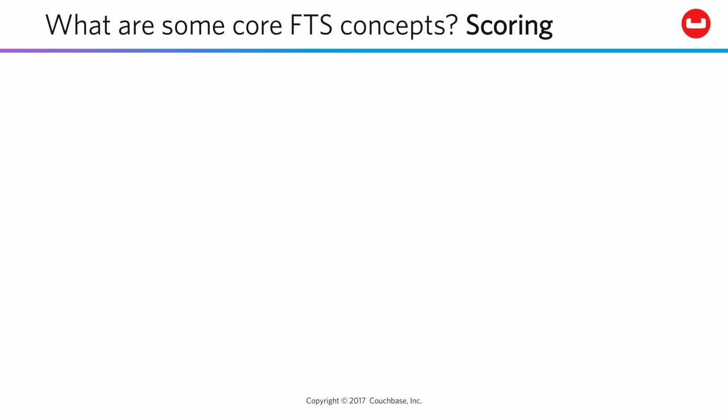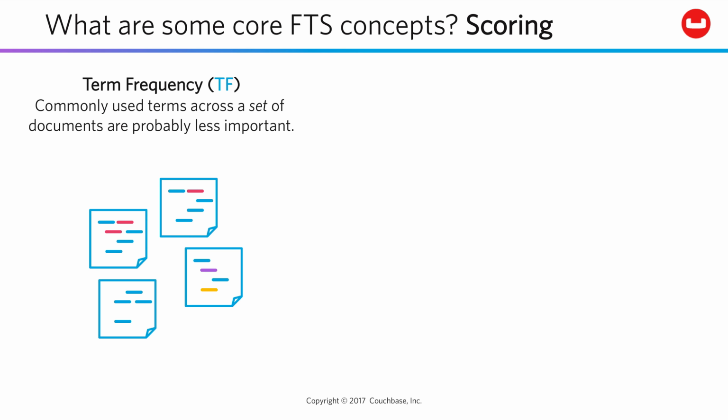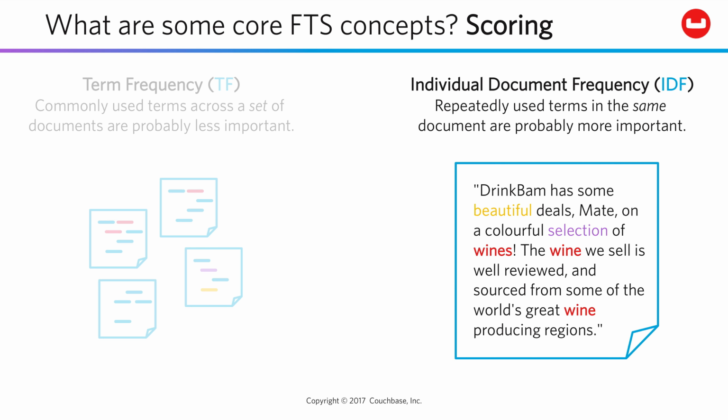This is where scoring comes into play, to help determine priority. Scoring is based on two things. First, term frequency. The more commonly a word appears in all your index documents, the more likely it is to be, well, common, unimportant. However, scoring also looks at individual document frequency.